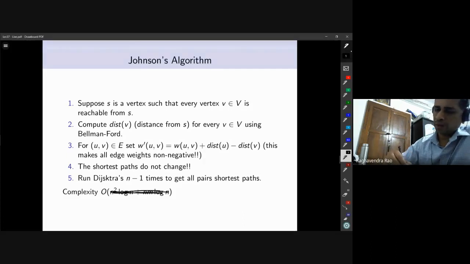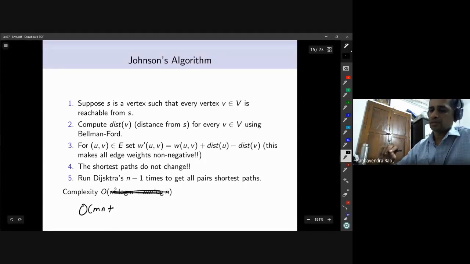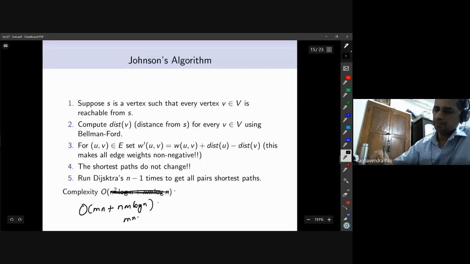The complexity is one Bellman-Ford. What is the Bellman-Ford complexity? Order of mn. And n-1 Dijkstra runs. So if you take each run of Dijkstra as m log n, then this is going to be nm log n. If you use the Fibonacci implementation, then this will be mn. With a regular heap it is m log n, with a Fibonacci heap it is mn.